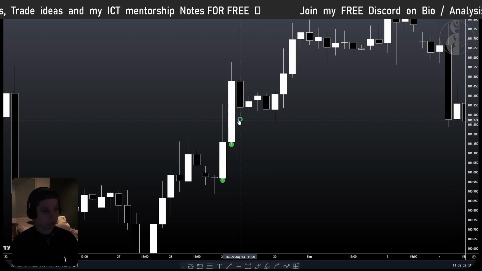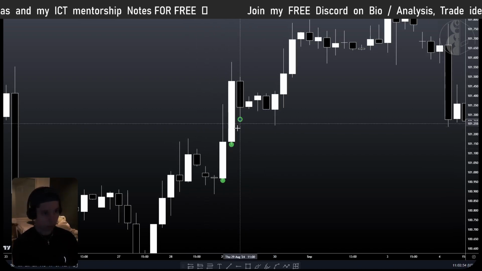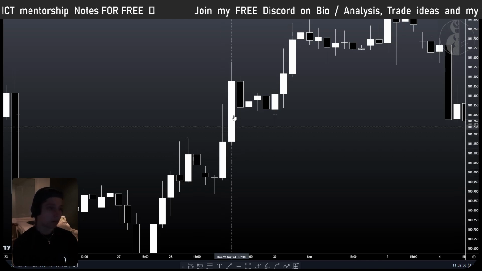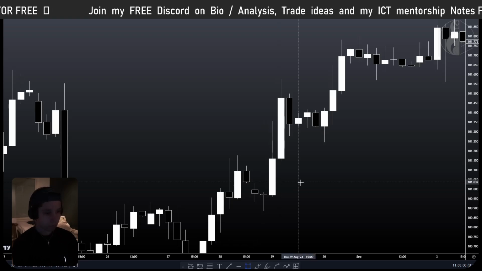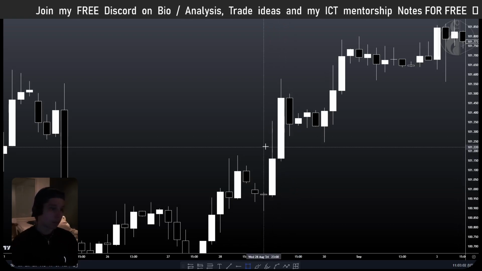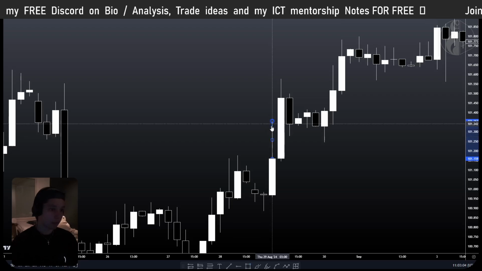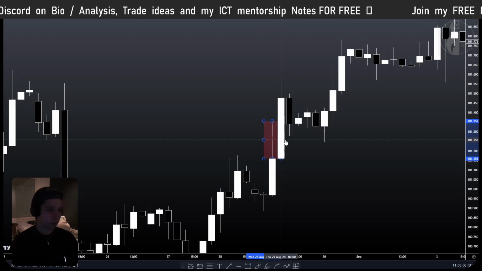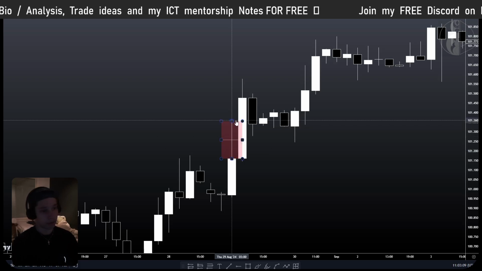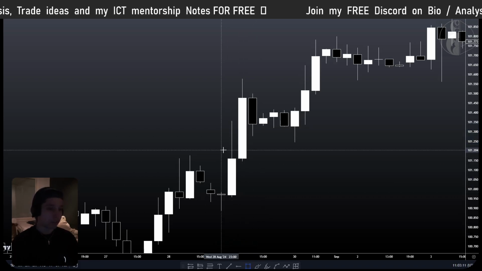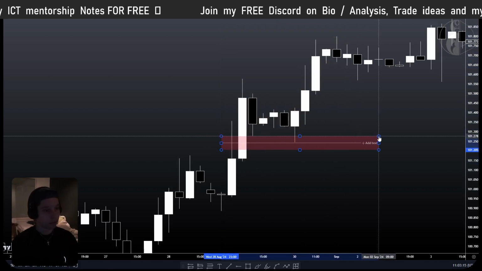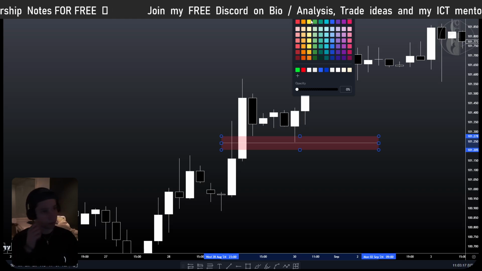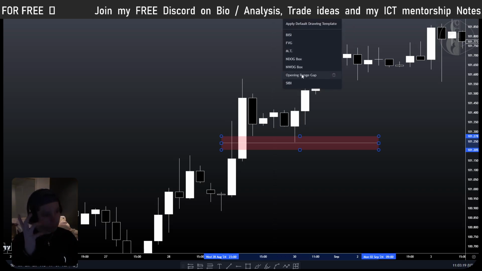Instead, the wicks do meet, and when the wicks meet with that kind of bulky candle in the middle, obviously, an absolutely normal candle doesn't usually print this kind of large wick, which then after this large volume, we usually get some type of fair value gap in this kind of region. As you can see, the fair value gap would look something like this.